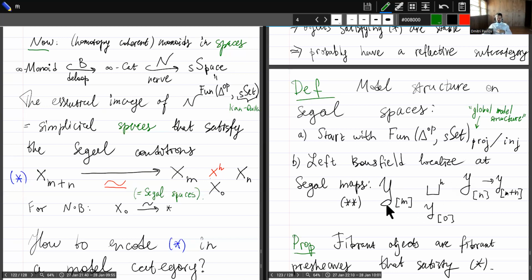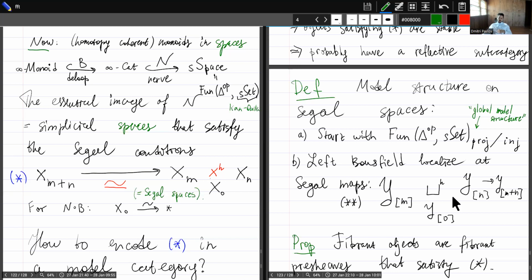So these are all representable presheaves here of various simplices, namely the m-simplex, the n-simplex, and the (m plus n)-simplex. This is the homotopy pushout. So it's a homotopy pushout, which in this case will turn out can be computed as the ordinary pushout, which is not always true, but it is true in this case.